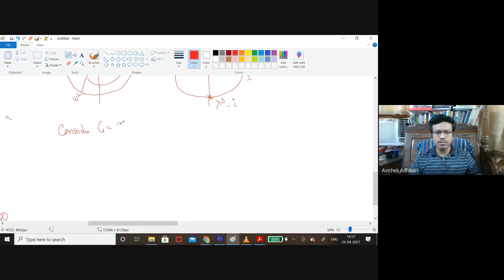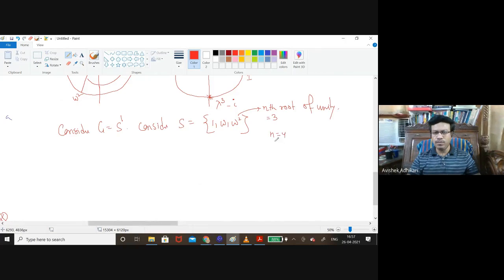Consider G to be S1 and consider S to be {1, omega, omega square}, the nth roots of unity. Here n is 3. If you consider n to be 4, then this subgroup becomes {1, i, minus 1, minus i}. If you take n to be 5, then fifth roots of unity, and so on.